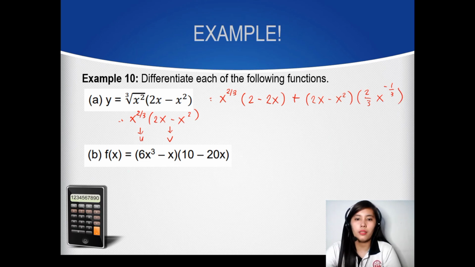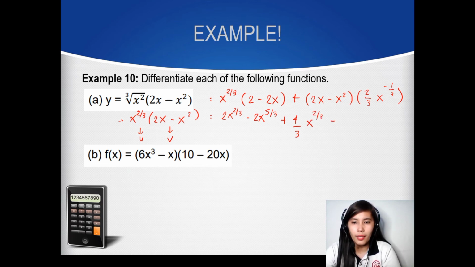So, simplifying, we'll have 2x raised to 2/3 minus 2x raised to 5 over 3. Then 2x times 2/3, that is 4/3, x raised to 3 minus 1, that is 2/3.